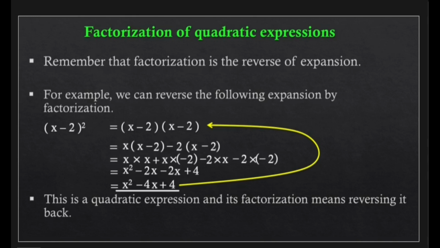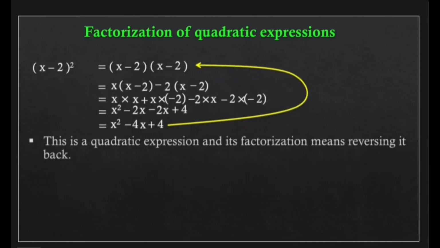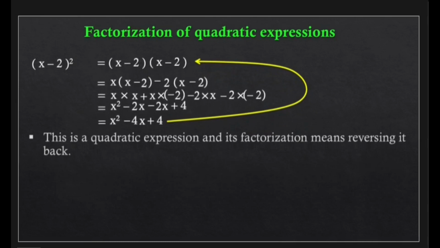So let's look at an example of how we can do it. All right, so let's try to reverse this one here. Notice this expression here, x squared minus 4x plus 4.